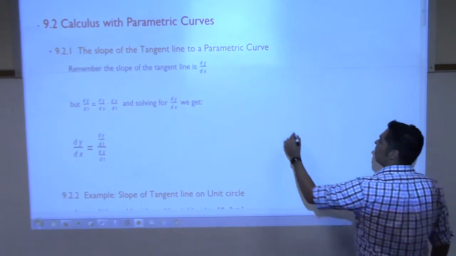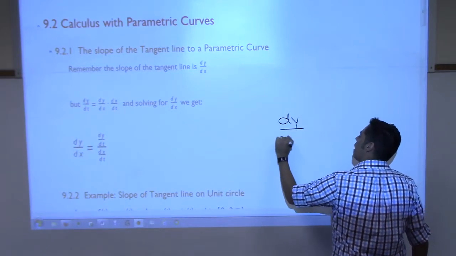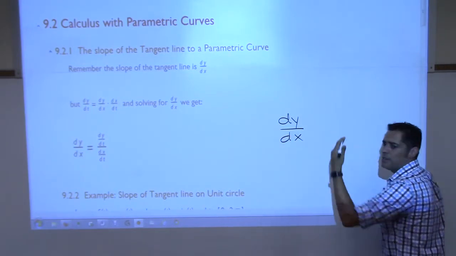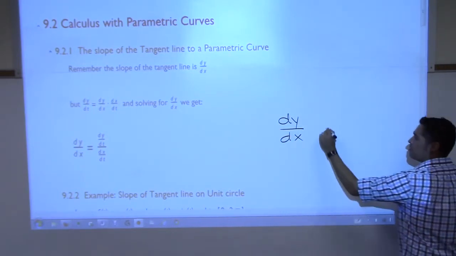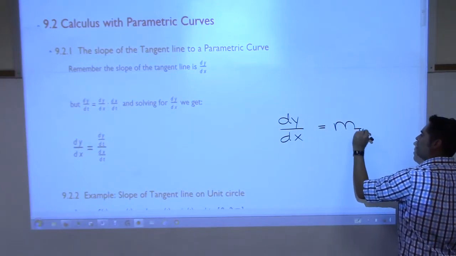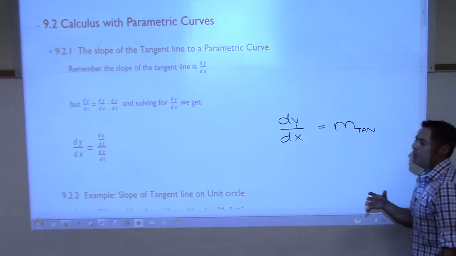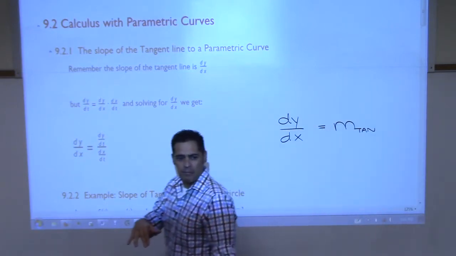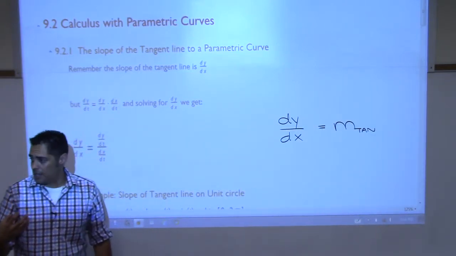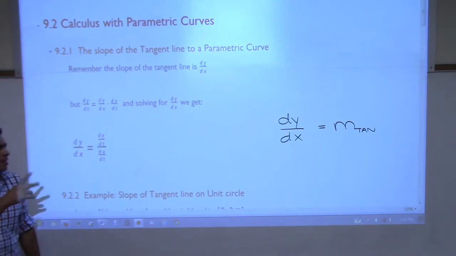So we remember that dy/dx was the slope m of the tangent line. But what we have are things that involve t in them, right? Our stuff has t in there, not just x's. I mean, it does have x and y, but there's t's also.